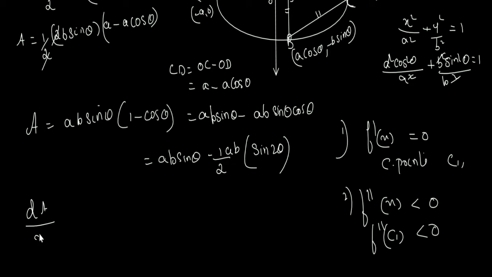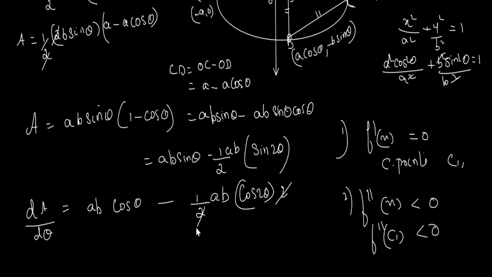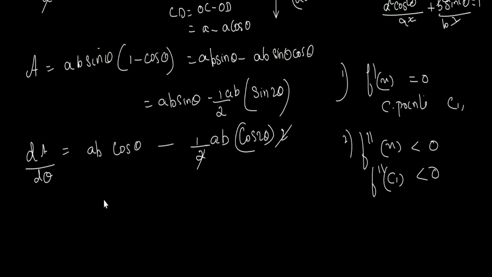So dA by d theta is AB cos theta minus 1 by 2 AB sin 2 theta differentiated, which is cos 2 theta into 2. So cancel this. So you get AB times (cos theta minus cos 2 theta).